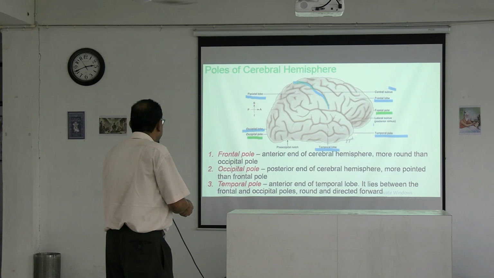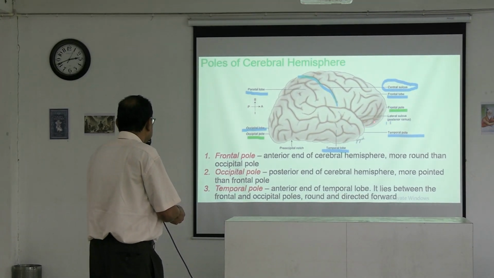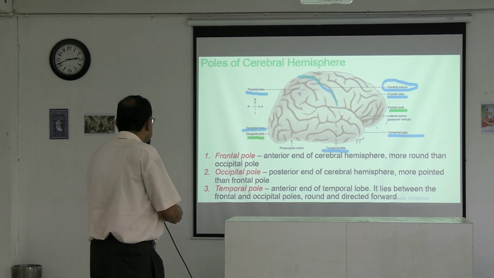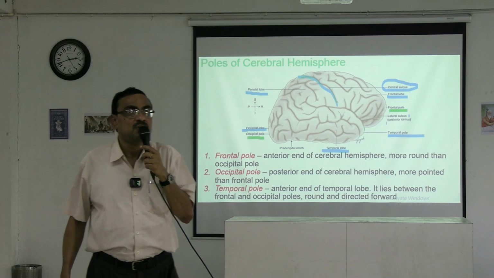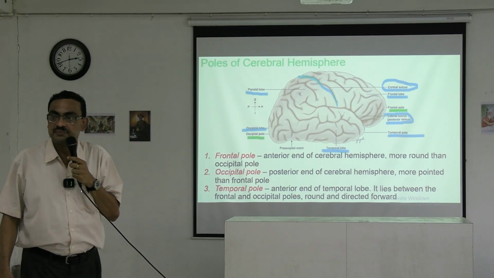Another sulcus starts from the inferior surface and it is visible in the superolateral surface, and it has several rami, and it is continued in the superolateral surface as the lateral sulcus or posterior limb of the lateral sulcus, and it is also called the lateral sulcus of Rolando.